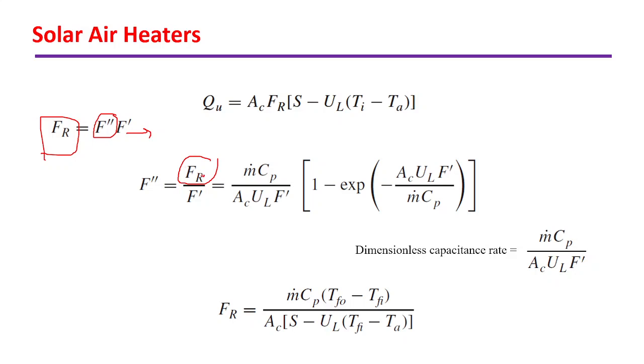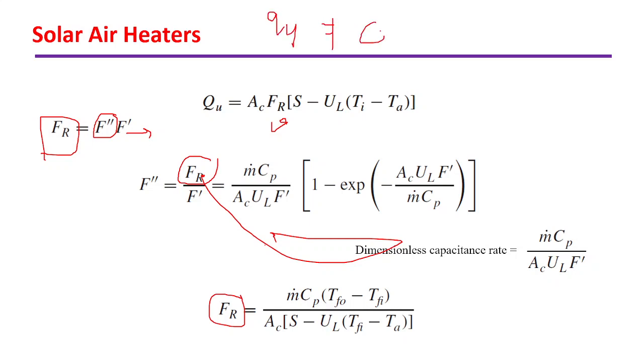Based on this, ultimately we have to calculate FR. Once we have calculated FR, we will put it in this equation, and based on that we will be able to calculate the actual useful energy gain. That's why I said there are two terms: the useful energy gain QU, and another term QU.